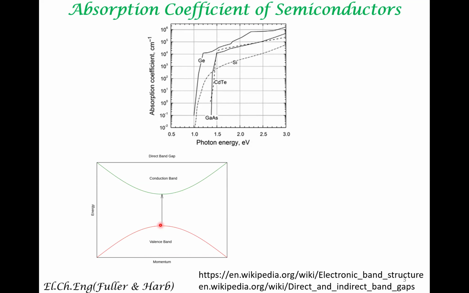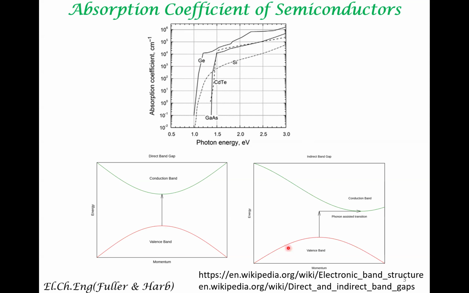If this looks like jargon, some exposure to solid state physics or material science is useful, where you understand what is called a Bloch wave, a Bloch state, and so on. Please look at least at these two Wikipedia links to understand what exactly we mean by this. In an indirect band gap semiconductor, this is the valence band maximum, but the conduction band minimum is at a different momentum state. So additional constraints have to be satisfied to conserve momentum.